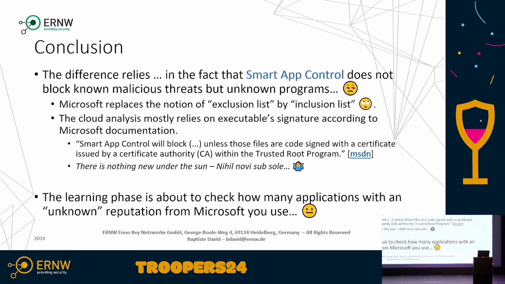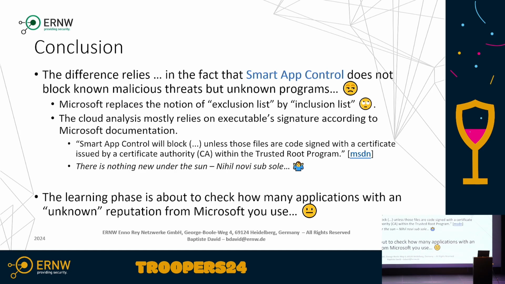It blocks unknown applications that it doesn't trust. Well, Microsoft just replaced the notion of exclusion list, blacklist, in a more direct language, to inclusion list, whitelist. The antivirus made blacklisting. Smart App Control makes whitelisting.